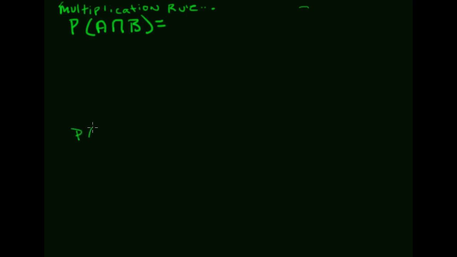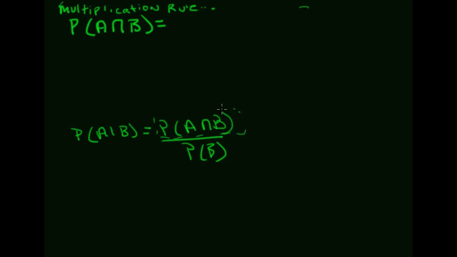Earlier in this lesson, we said that the probability of A given B is equal to the probability of A intersect B over the probability of B. This means I know how to calculate this, because if I cross multiply my way out of this, I get that the probability of A and B is going to be the probability of A given B times the probability of B, which is awesome.